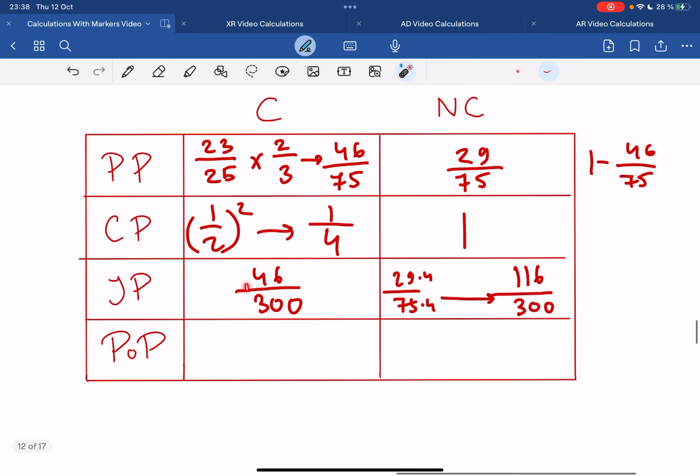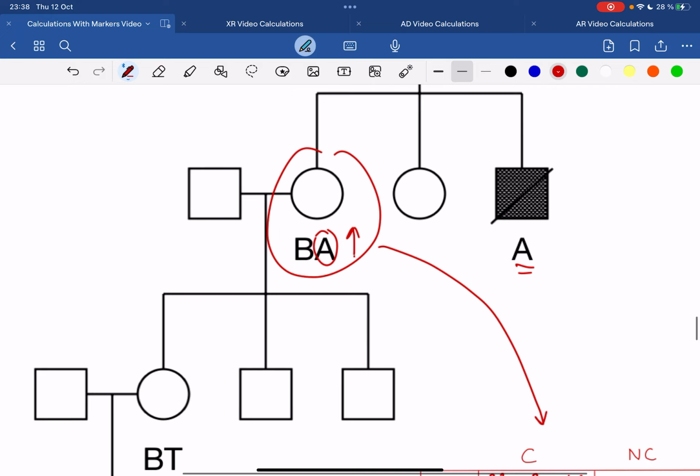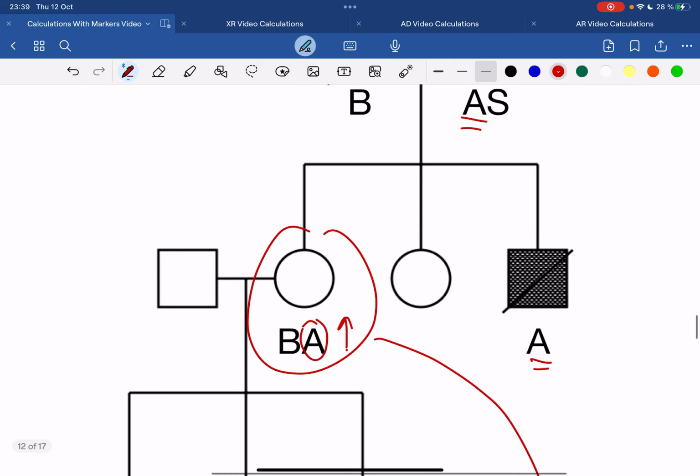And here we take the numerator up here, divided by the numerator plus the numerator right there, which is 162. And we can divide these by 2 to get 23 out of 81. So the chance for this person to be a carrier is 23 over 81.